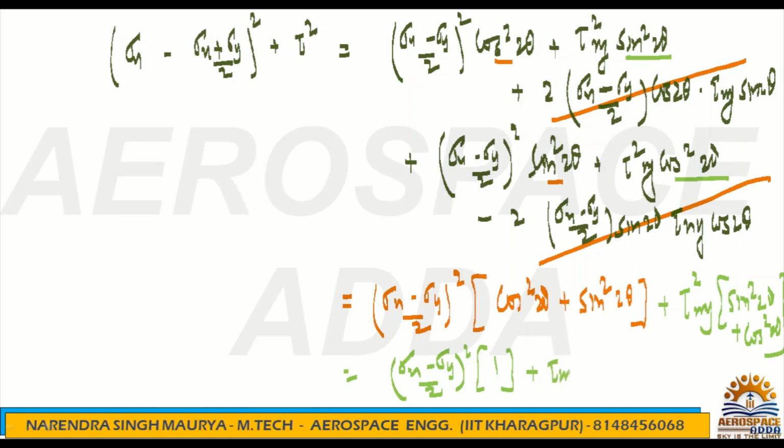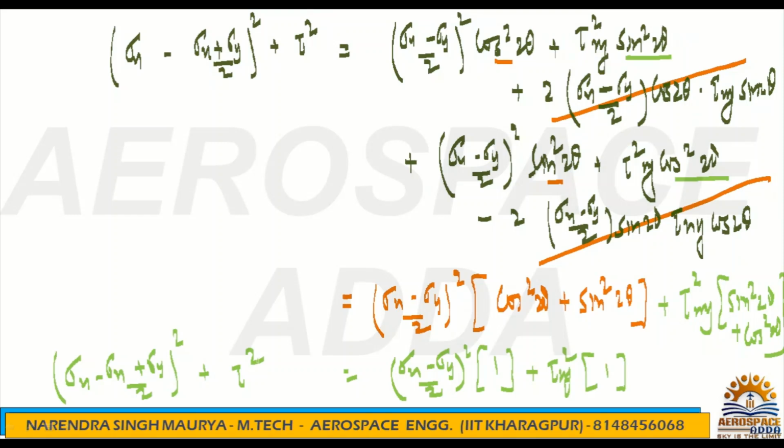Plus τxy² also 1. So ultimately you got (σn − (σx + σy)/2) whole square plus τ² value. This part is clear?